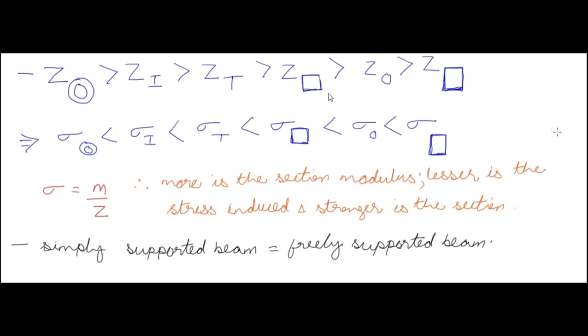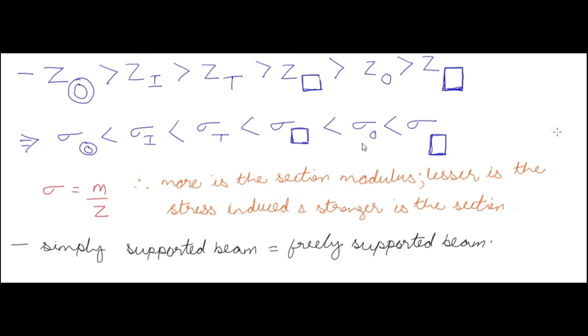Since Z is inversely proportional to sigma, that is the induced stress, for the same bending moment, the higher the section modulus, the lower the stress induced. So the lowest stress will be induced in the circular tube, then higher in the I section, then T section, then a square cross section, then circular cross section, and then rectangular cross section.